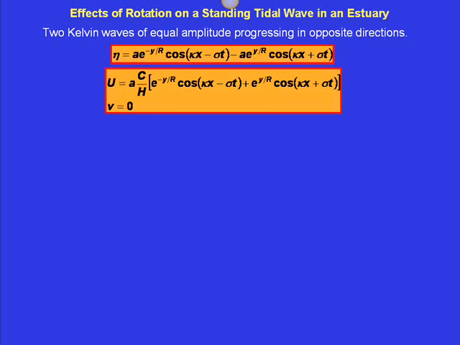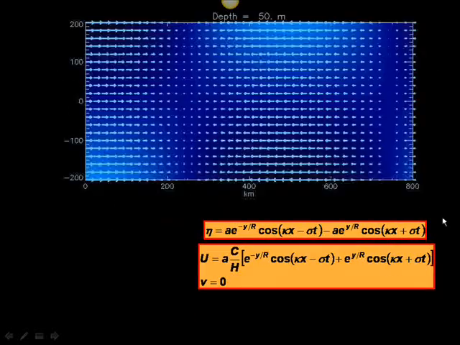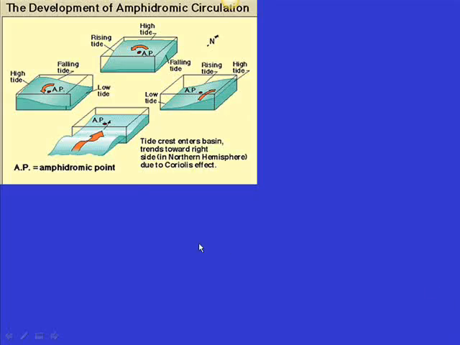In this diagram you can see the development of an amphidromic circulation. You have an incident Kelvin wave here. Notice that elevation is higher here than here.